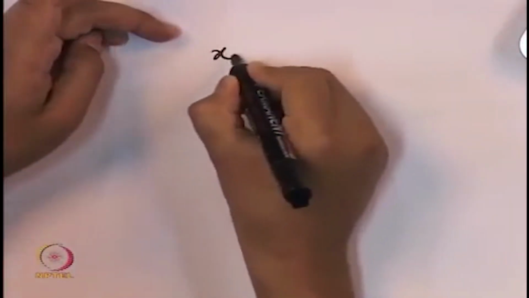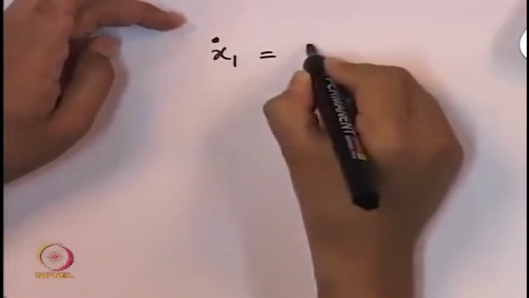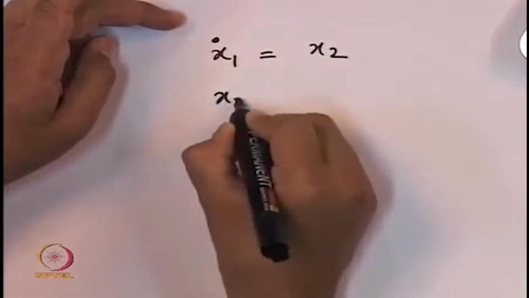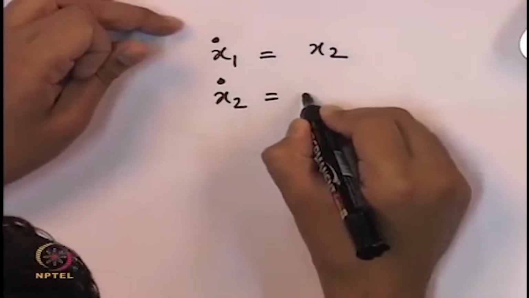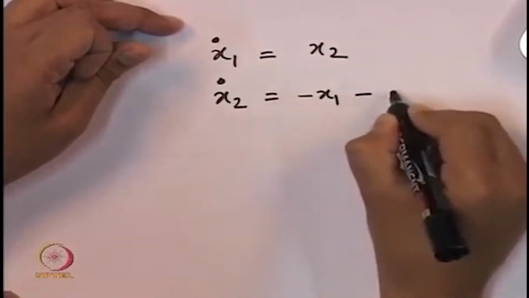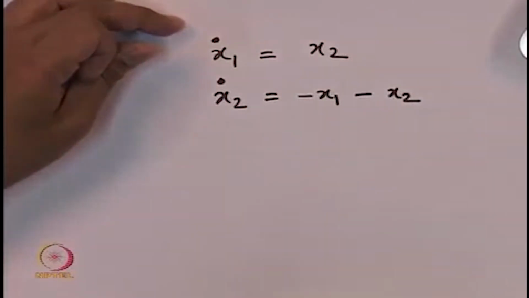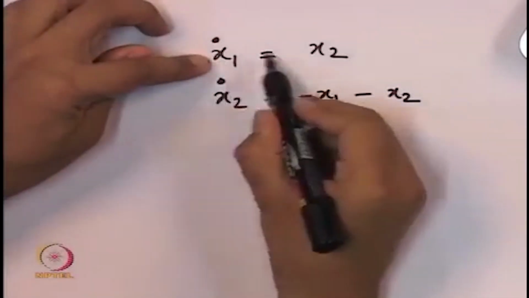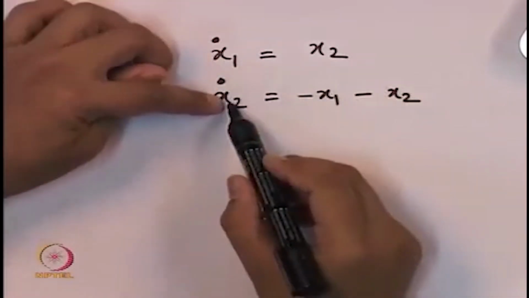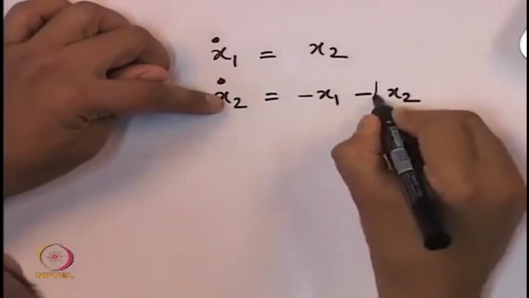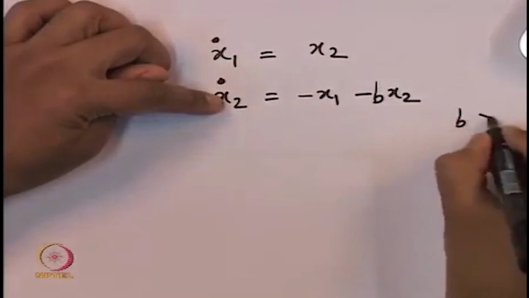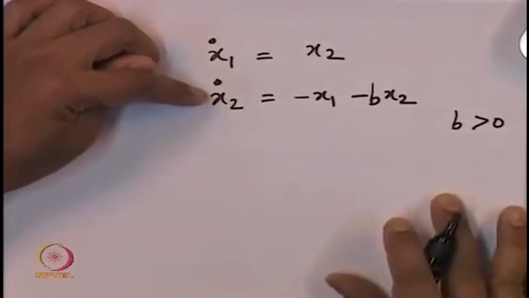Consider x1 dot is equal to x2 and x2 dot is equal to minus x1 minus b times x2. So the rate of change of x1 is just equal to x2, and the rate of change of x2 is equal to minus x1 and also some b times x2, where b we will assume is positive.